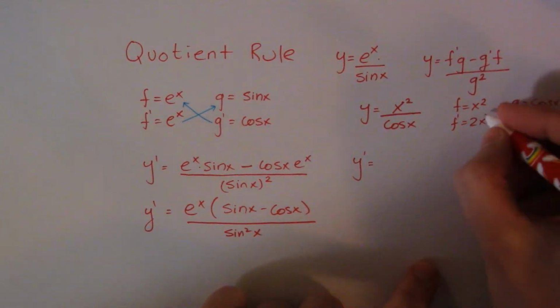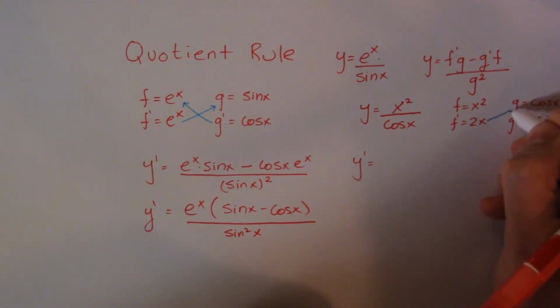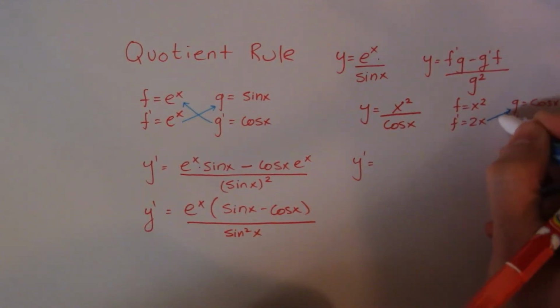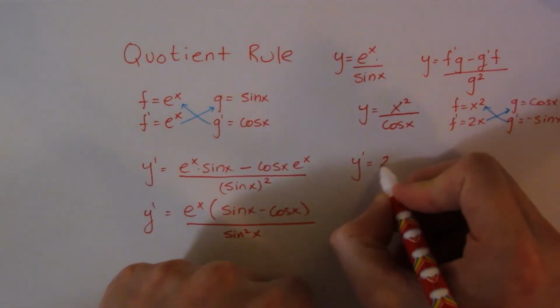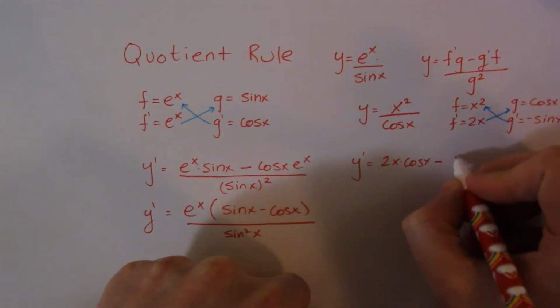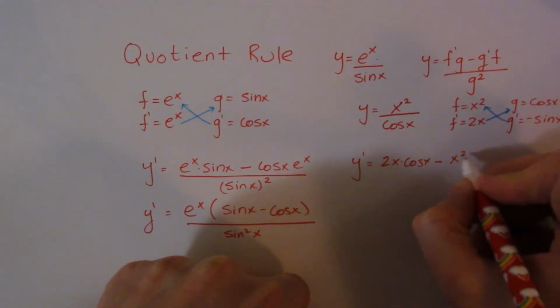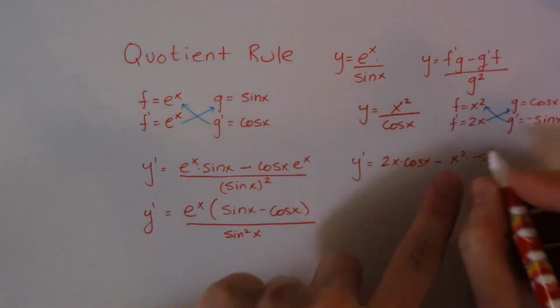So again, it's just a matter of doing your cross. Start from the bottom left, so that you never mess up the order. So 2x times cos x minus x squared times negative sine x. I did reverse the order this time.